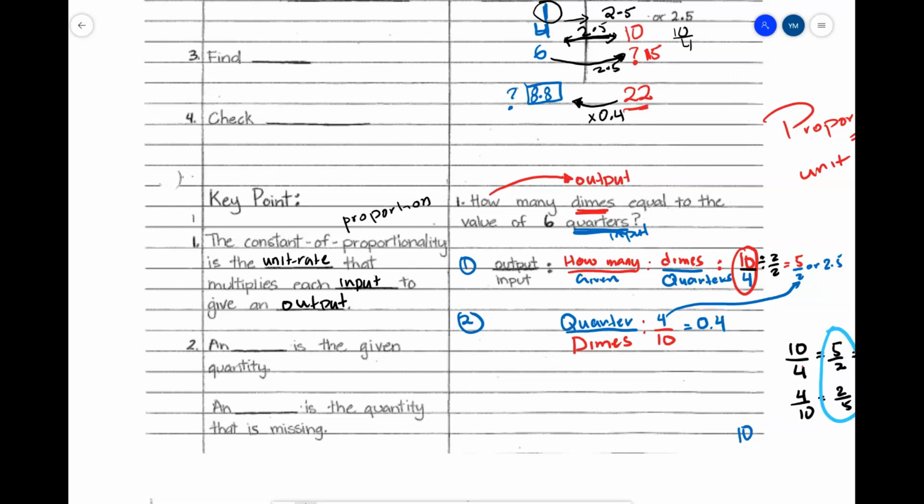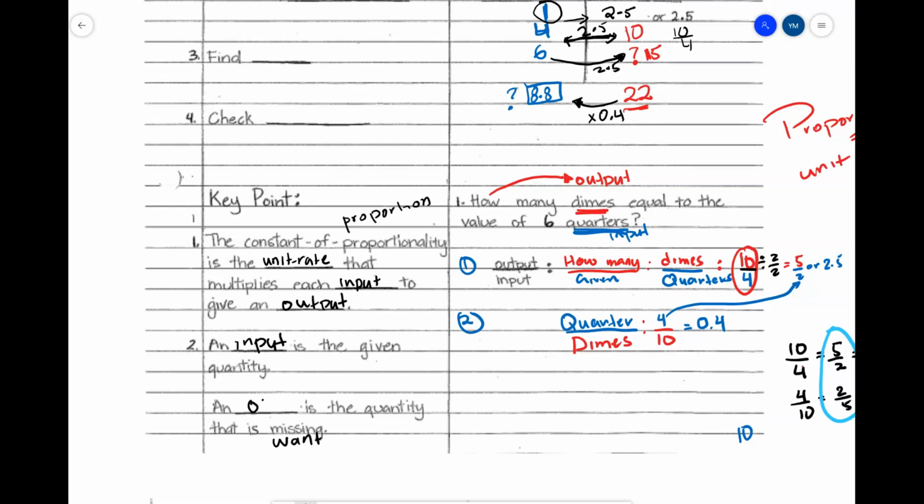A blank is the given quantity. Think about what we have learned. It should make the entire statement true. A blank is the given quantity. You have two options: either input or the output. Which one is the given? In this case that will be the input, and the blank is the quantity that is missing or that you want.